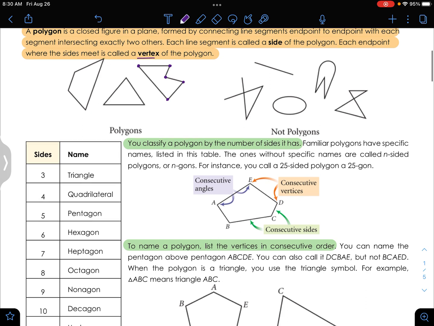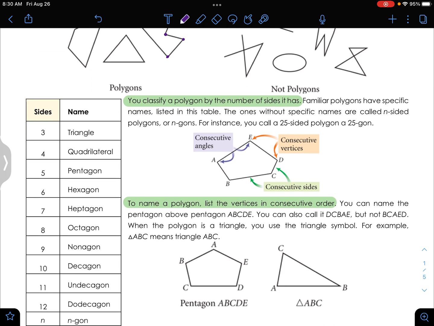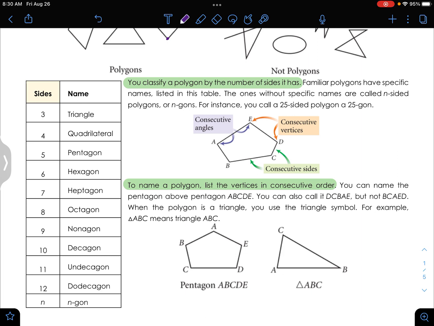Naming polygons. We classify polygons by the number of sides they have, so we would want to call polygons by those names. Some of these polygons you've heard of before. A 3-sided polygon is called a triangle. 4-sided is a quadrilateral. 5 is pentagon. 6 is hexagon, and so forth.